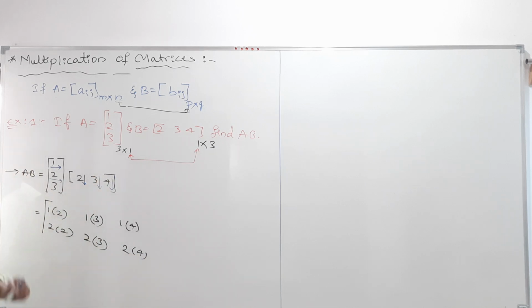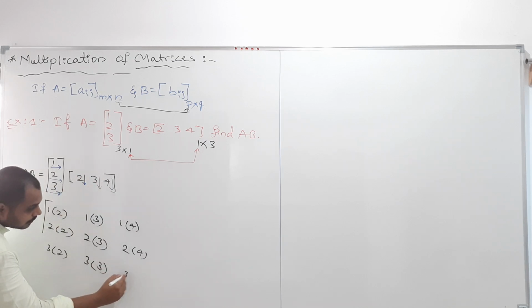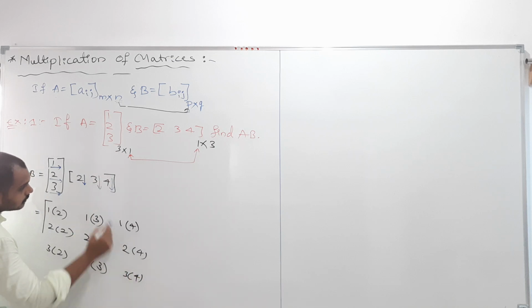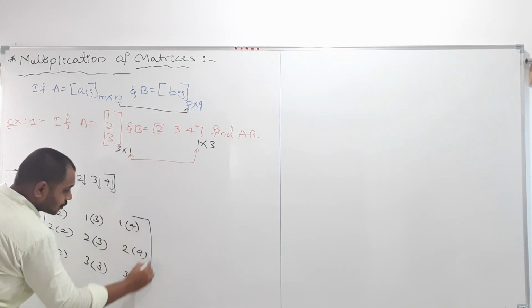Like this you should multiply rows by column. Next, third row, first column, 3 into 2. Third row, second column. Third row, third column. Like this you should multiply.